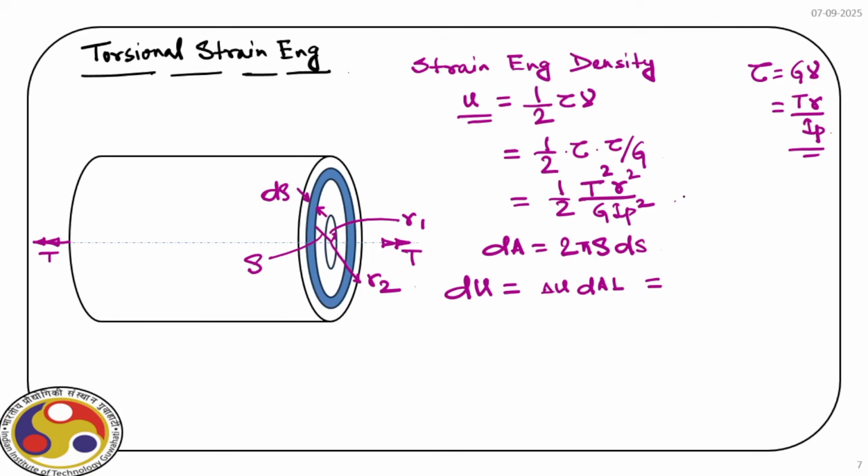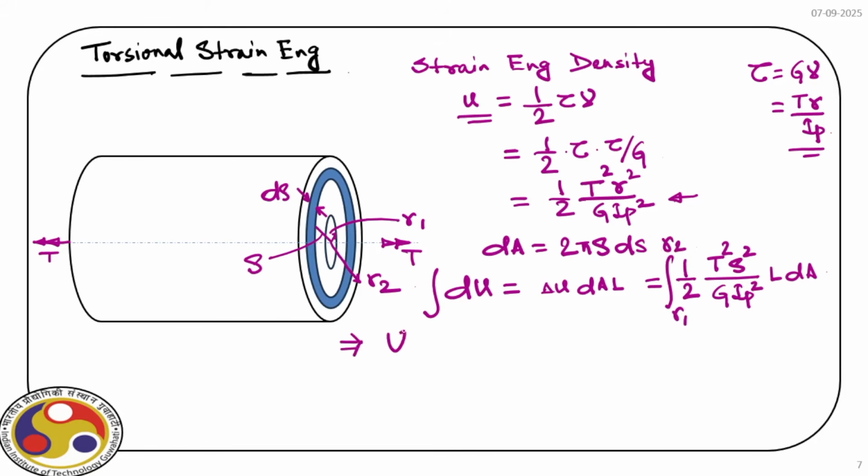Now we can put this expression here. What we have is half T squared rho squared, because R here will be replaced by rho, divided by G times Ip squared, times L. To get the total strain energy, we can integrate both sides, from R1 to R2.